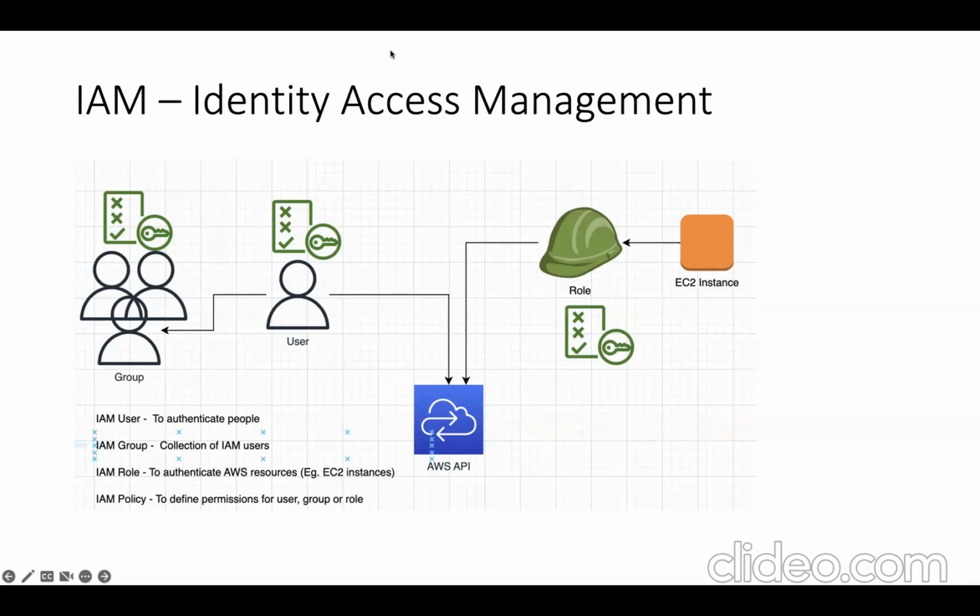For example, if an EC2 instance needs access to another resource, then a role has to be defined. The role is basically to authenticate the AWS resources, and that role has to be attached to that particular EC2 instance. There should be a policy which defines what kind of actions are allowed for that EC2 instance. Then that policy has to be attached to that role.